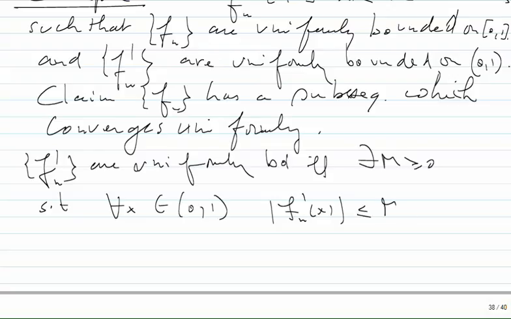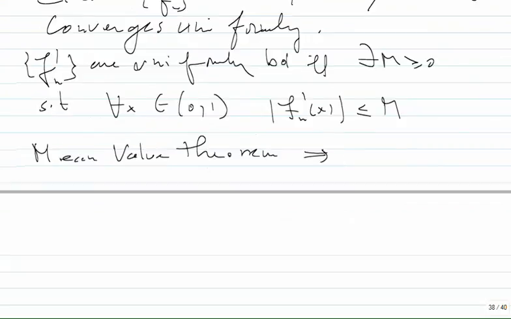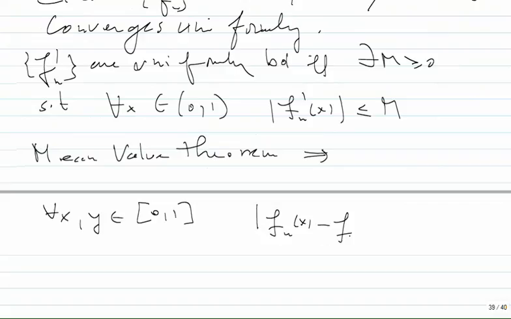Okay, so the mean value theorem will imply that for every x and y in [0, 1], the absolute value of F_n(x) minus F_n(y) is less or equal to M|x minus y|.